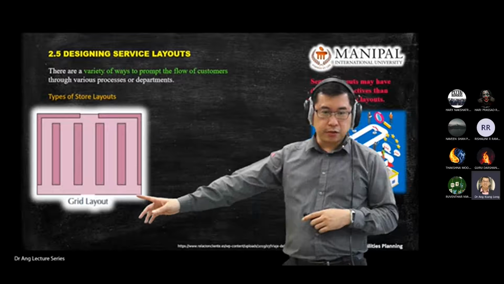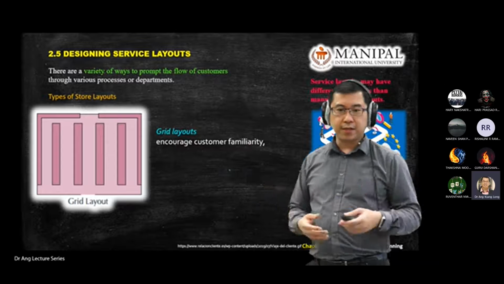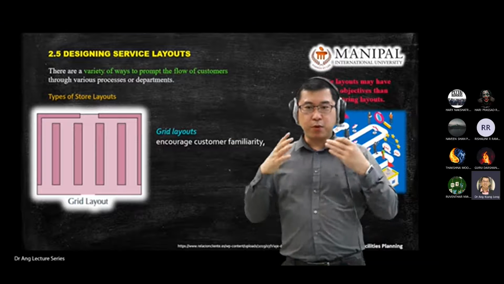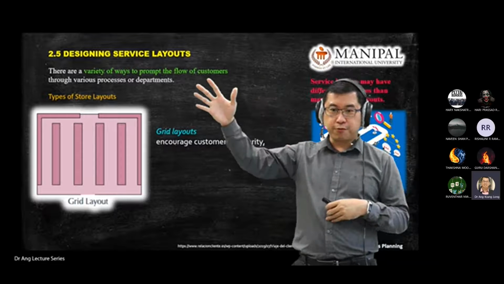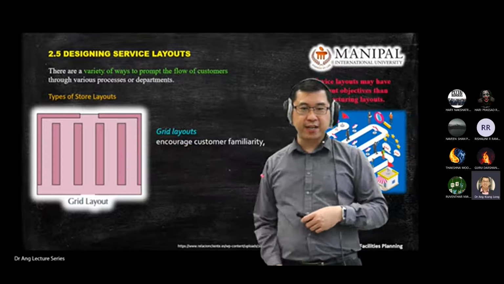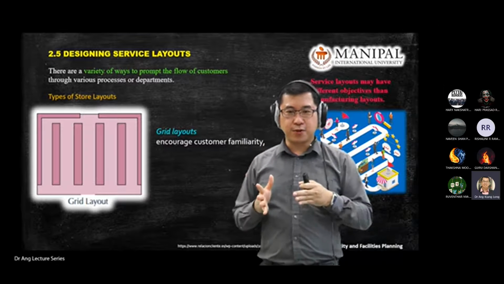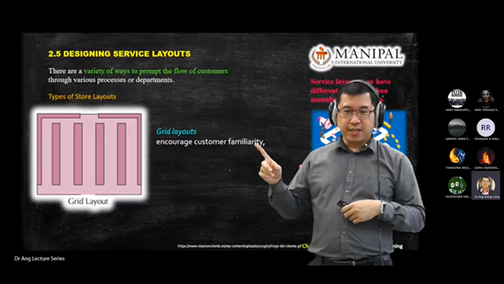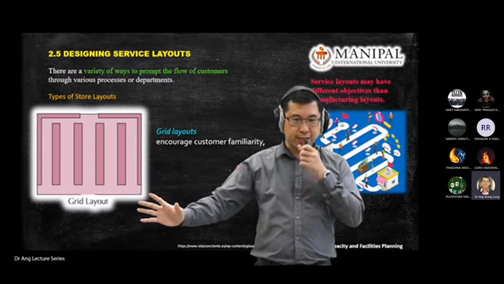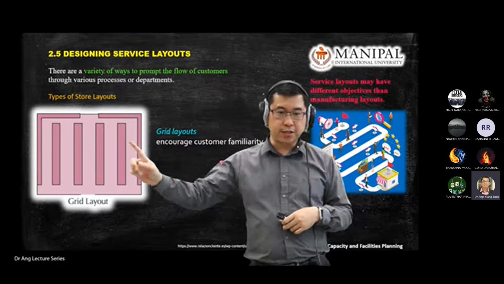Second, we look at grid layout. So grid layout is for those old customers, meaning they will train the customer's mindset that every time I walk in, if I want to buy a soft drink, I go to a particular rack to find it. They fix it already. This rack is for certain items, so they don't change the area for those products, and the customer can straight away go to that section and buy.